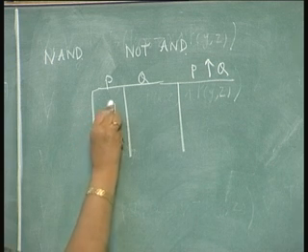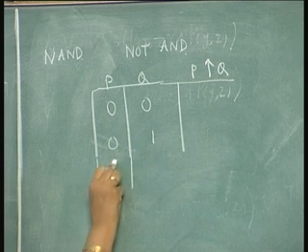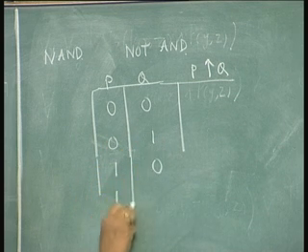When this is 0, this is 0, this is 0, 1, you have to consider the four possibilities: 0 0, 0 1, 1 0, 1 1.